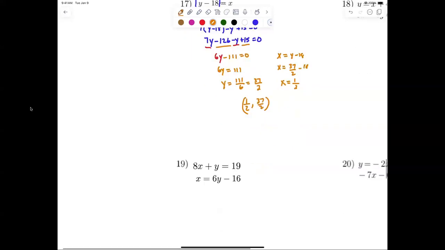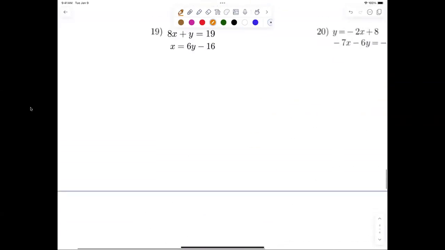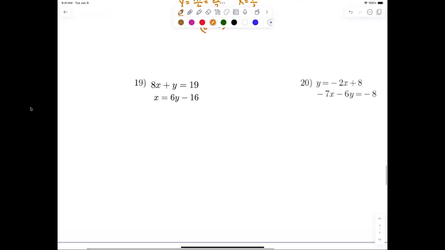All right, number 19. Yes, here we go. Now, I just showed you here, does it matter where you're at? x now is equal to what? So now I'm just plugging in 6y. You have to observe.